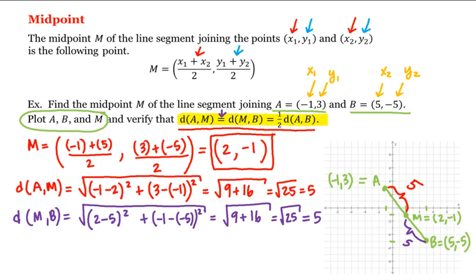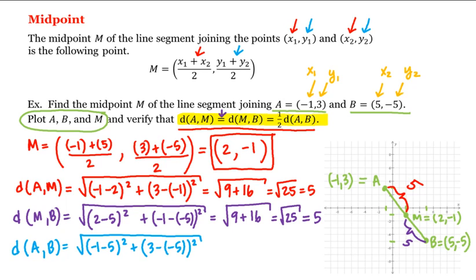Now the distance between A and B should be twice that, or 10, but let's show that that's true. The distance between A and B is equal to the square root of the difference in the x-coordinates squared, so -1 minus 5 quantity squared, plus the difference in the y-coordinates squared, or 3 minus -5 quantity squared.